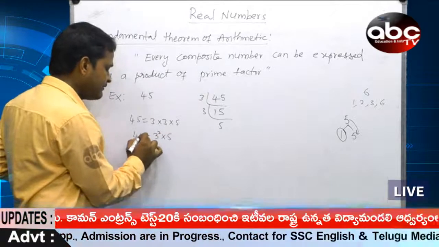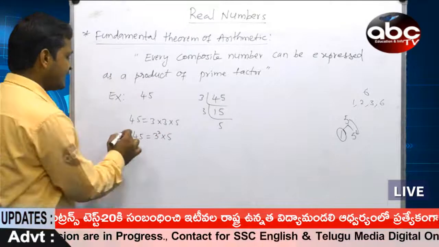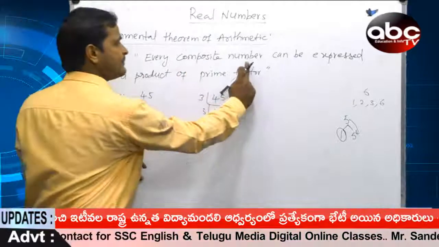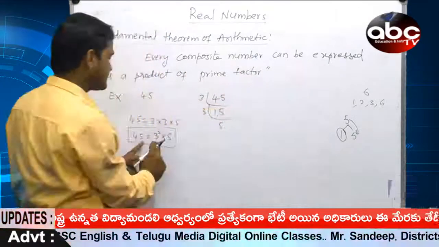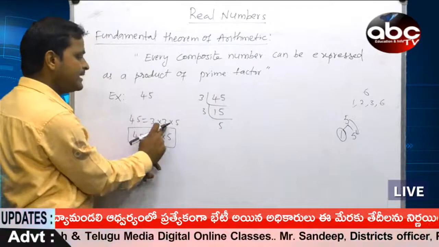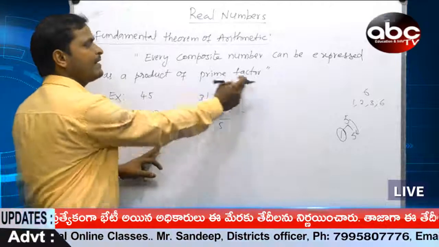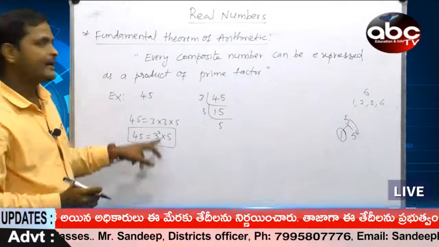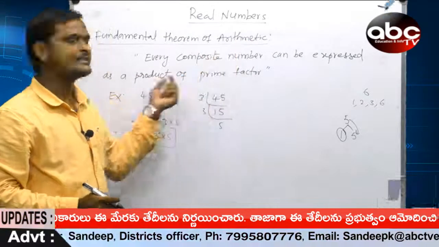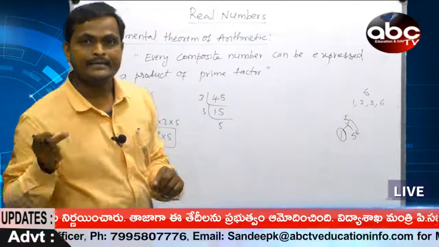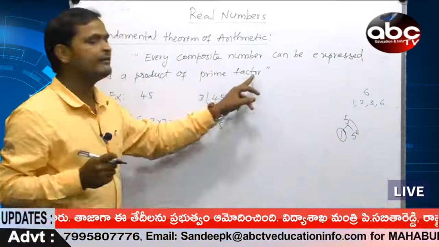Observe here, students, 45 is a composite number. We can express it in terms of 3 into 3 into 5, which are prime factors. Fundamental theorem of arithmetic, very very simple. Every composite number can be expressed as a product of prime factors.